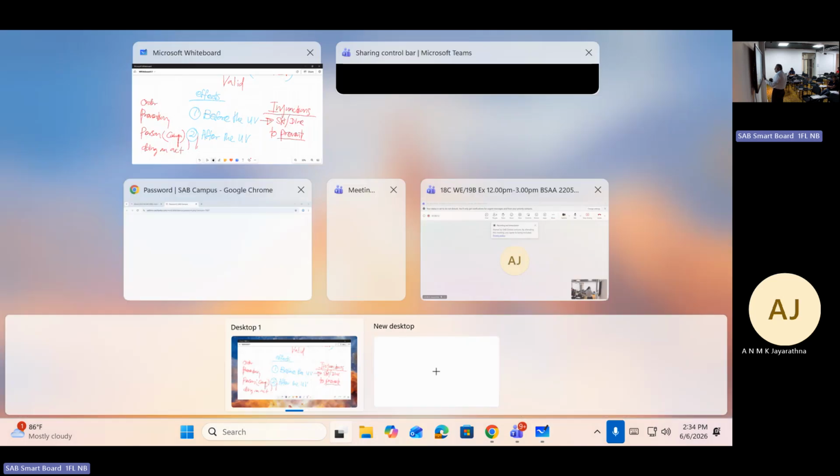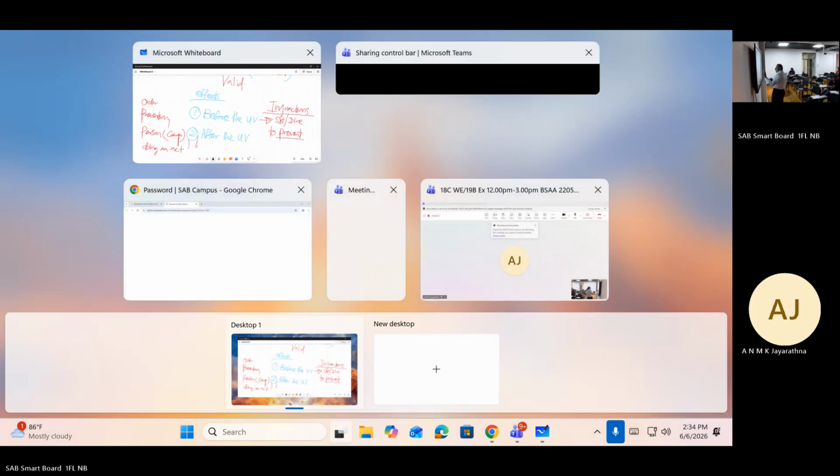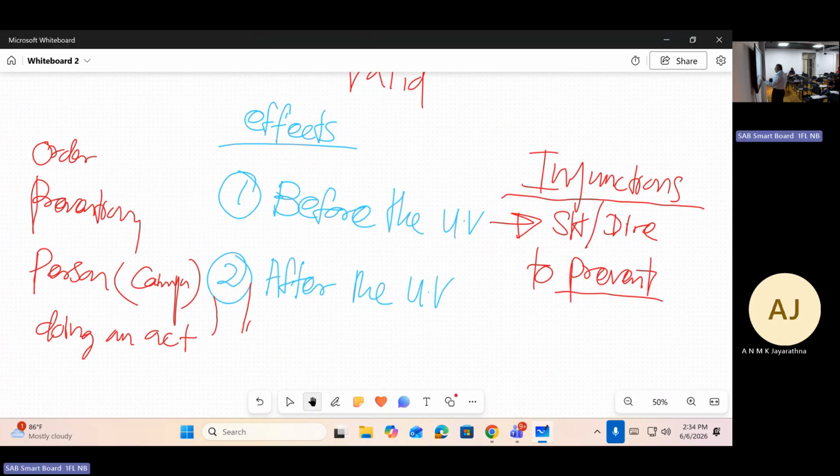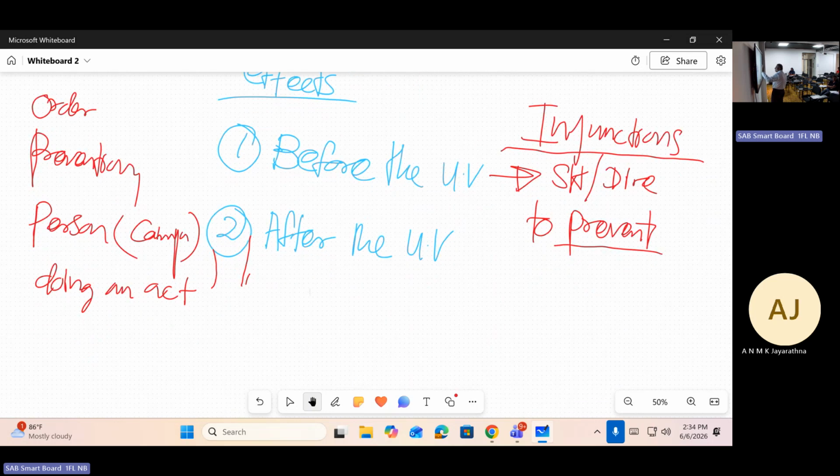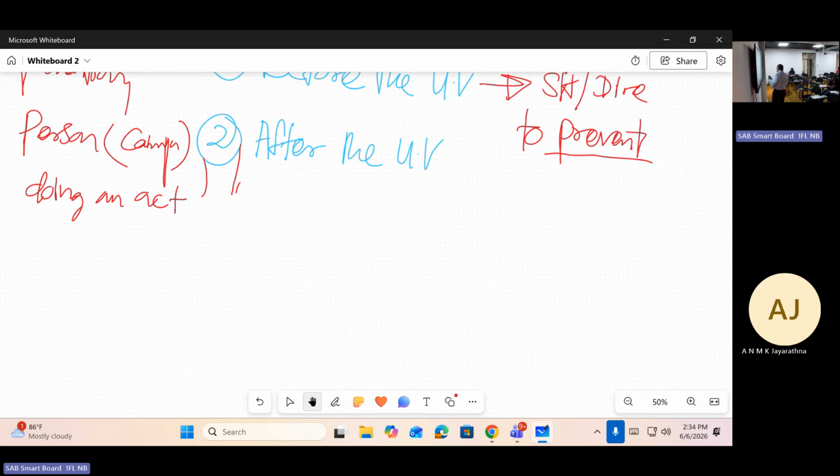After engaging into the ultra vires transaction, right? If the company suffers any loss, this is after.